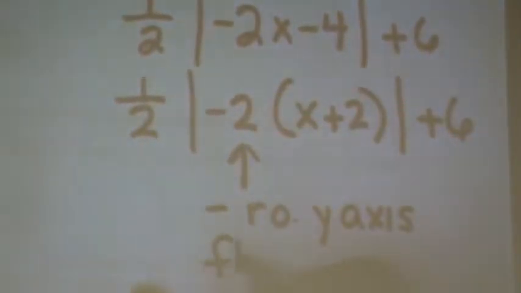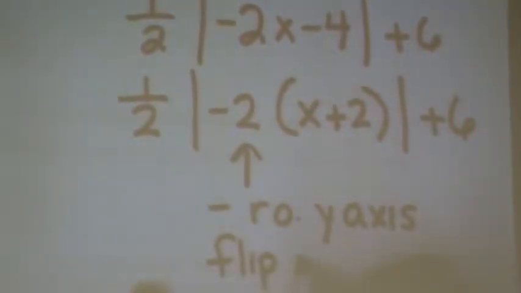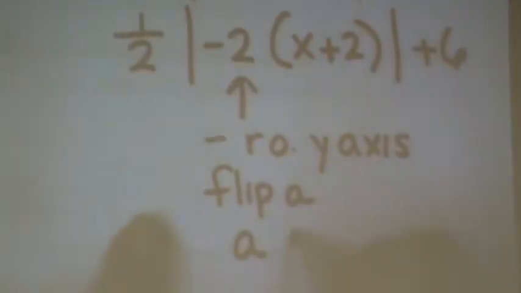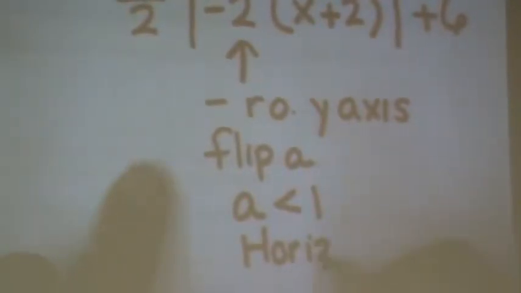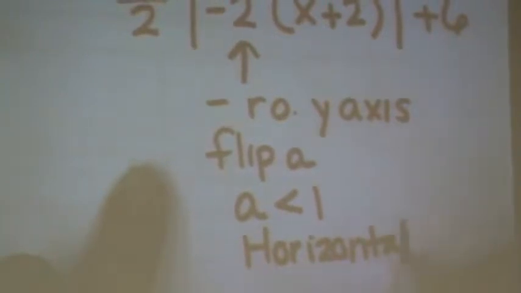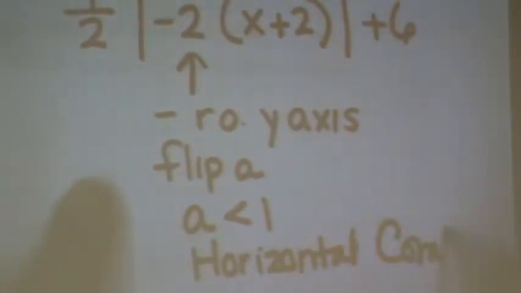You flip A first, and then if that number is less than 1, we say it's a horizontal compression. Compression by a factor of 1/2. If A, after you flip it, is greater than 1, we say it's a horizontal stretch.